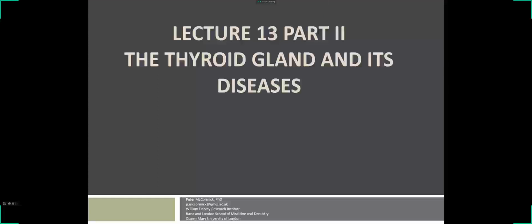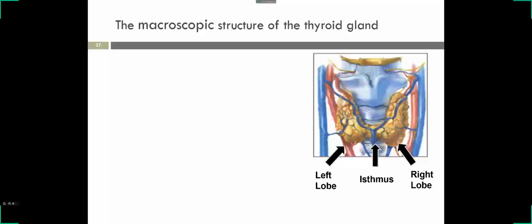Okay, we were discussing the thyroid gland, and just a few slides to remind us what we're talking about here. Remember, the thyroid gland is shaped as a butterfly. It has two lobes with this isthmus connecting it.